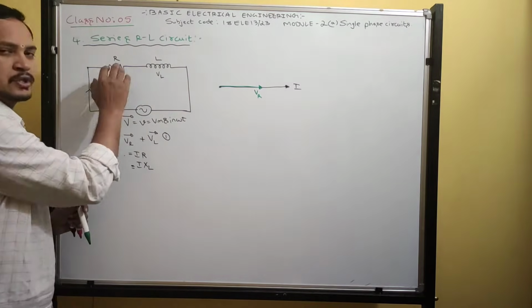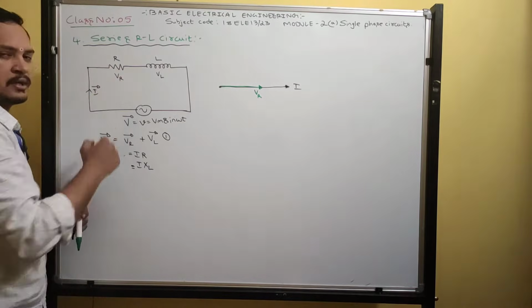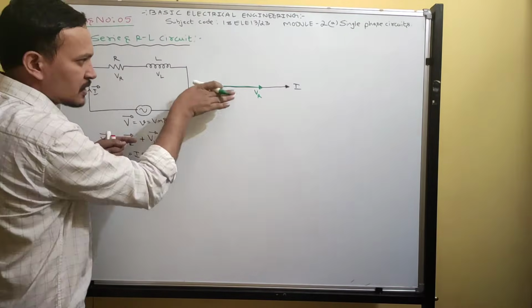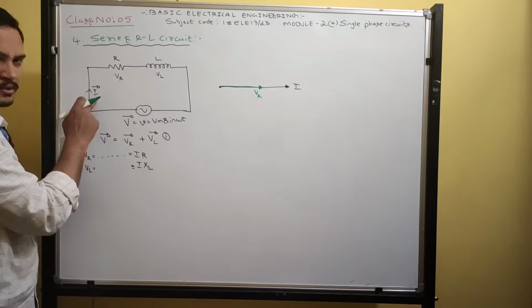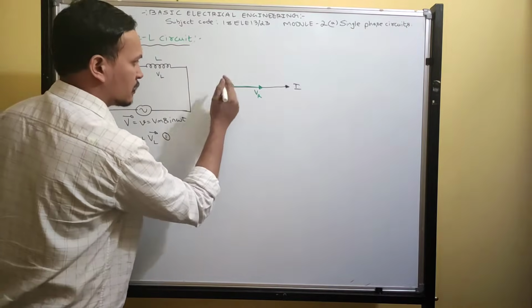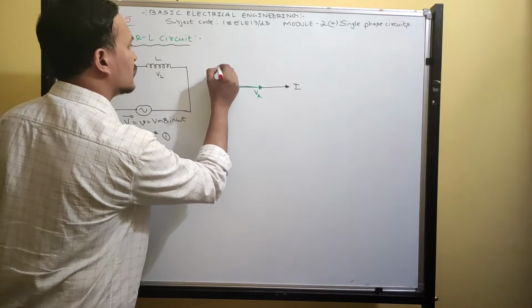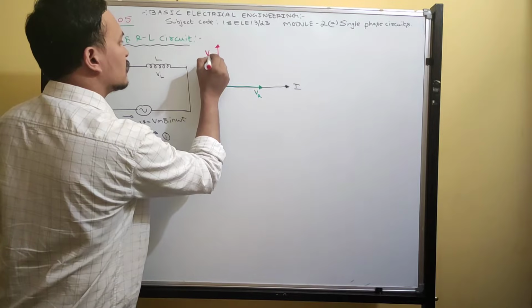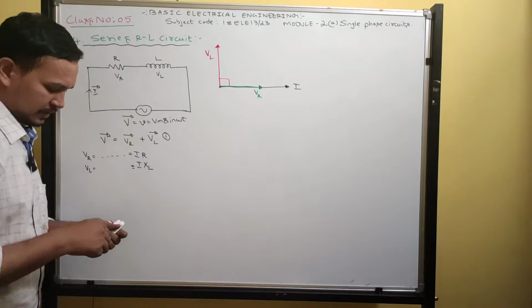In a pure resistive circuit, the angle between voltage and current is 0 degree, so VR coincides with the current axis. Next, what about the inductor? With respect to current, the voltage across inductor leads the current by 90 degree.